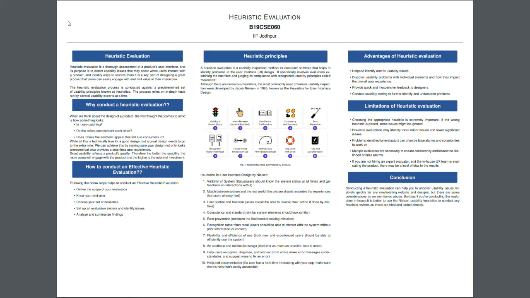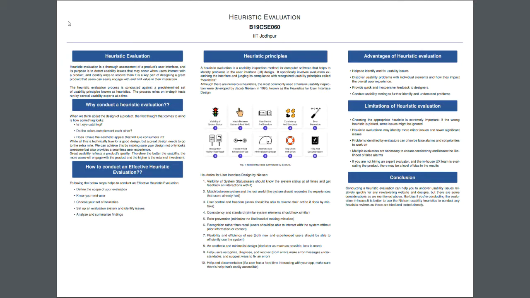Now coming to the heuristic principles. Heuristic principles are the important ones. As we already studied, heuristic evaluation is a usability inspection method for computer software that helps to identify problems in the user interface design.